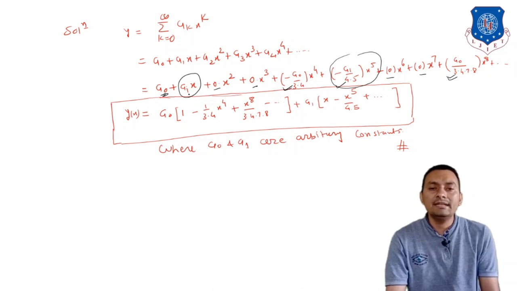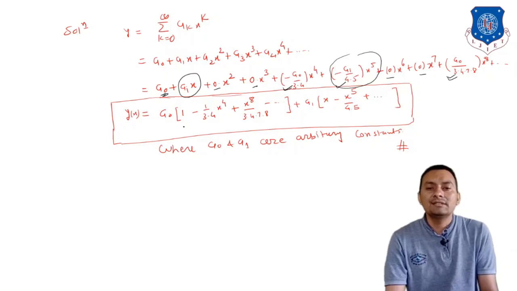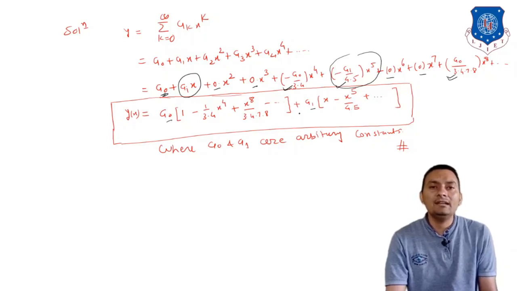Here just take a1 as common. So you can see x minus x raised to 5 divided by 4 times 5 plus, and so on. So this is y, where a0 and a1 are arbitrary constants, and this is the required series solution.